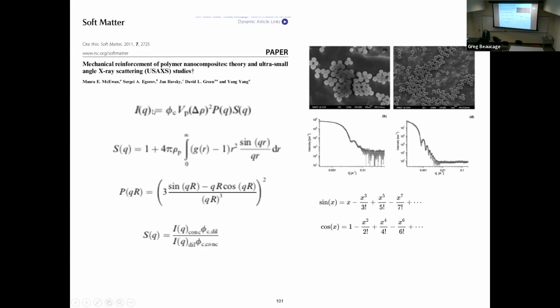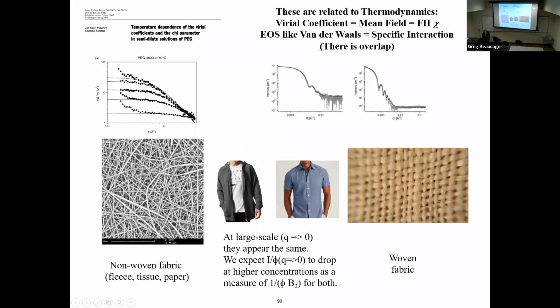So you take the ratio of the concentrations, and you end up with this function to get S of Q. So it's easy to measure. You measure the dilute, you divide it by the concentration of the dilute, because that's a prefactor. Measure your semi-dilute or concentrated and divide it by the concentration. Then the ratio of that gives you just the S of Q, which you can fit with this function. You get the g of r from that.